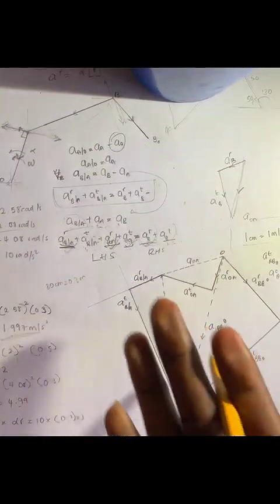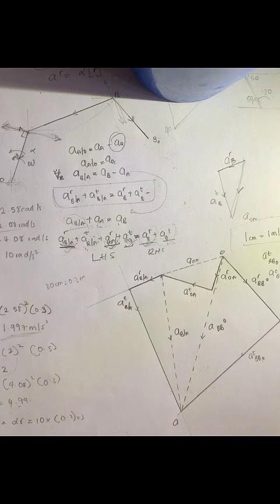And that's all for this question, just for you to be able to get your angular acceleration. The reason why we didn't do the velocity diagram, which we were supposed to draw first, was because from the question we're given the angular velocity, and that's what we needed most to get the angular acceleration.